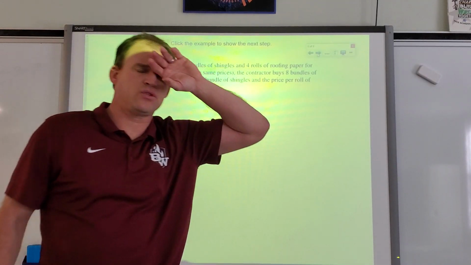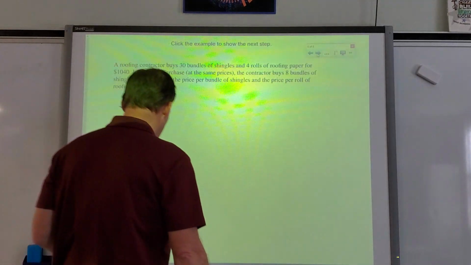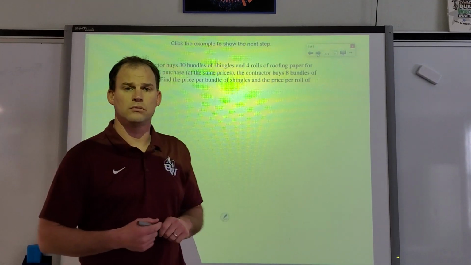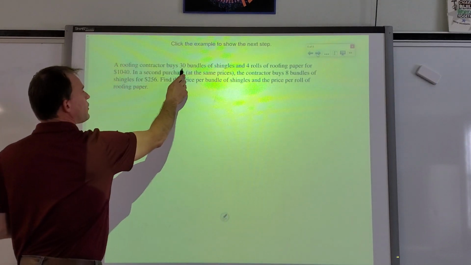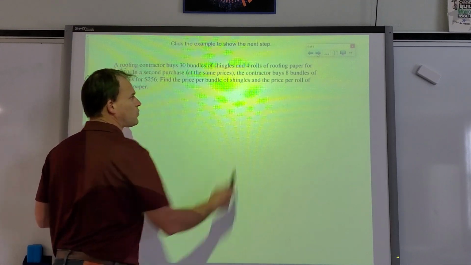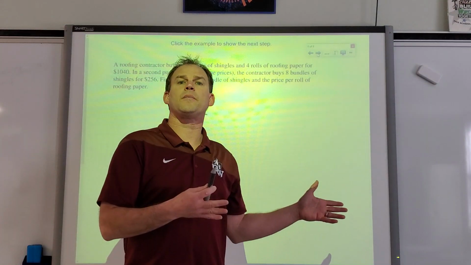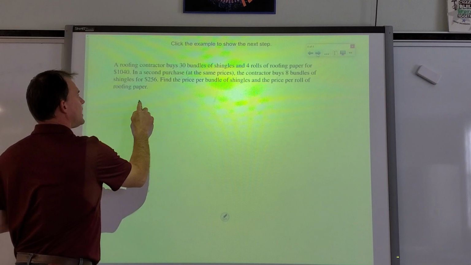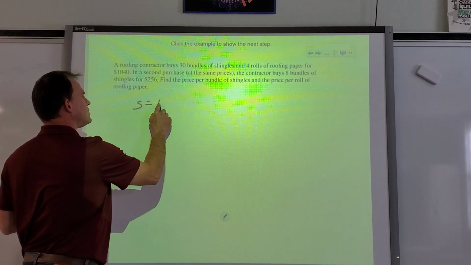So pause, zoom in if you have to, write down the important information. What you're going to have to do here is write 2 equations. Okay, so I've got 30 bundles of shingles, 4 rolls of roofing paper. First things first, set up your variables.